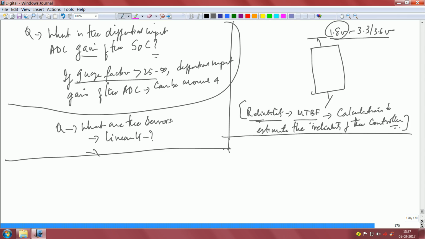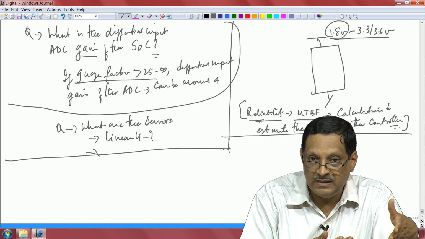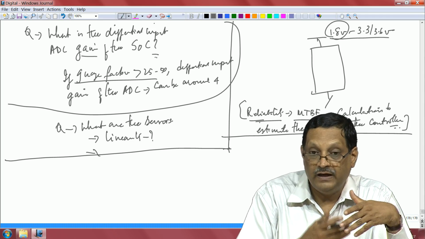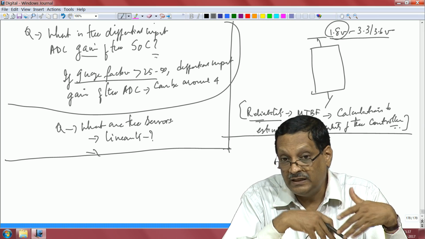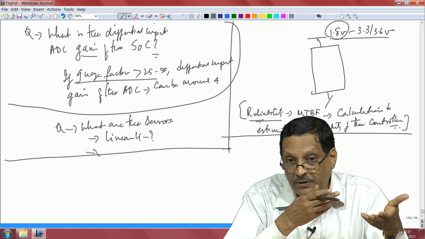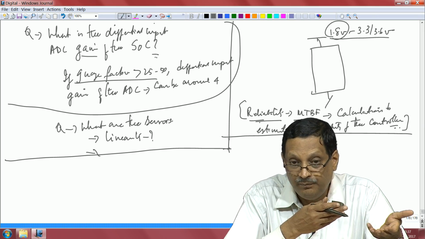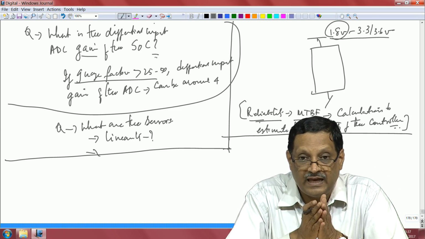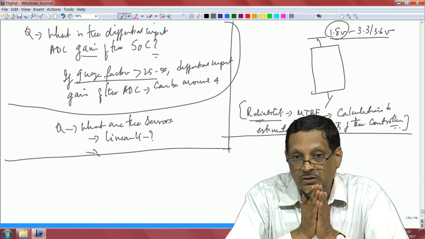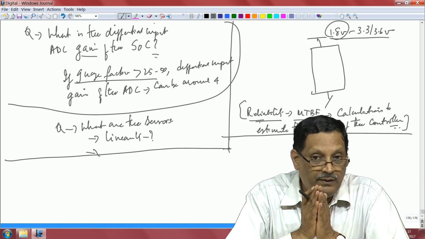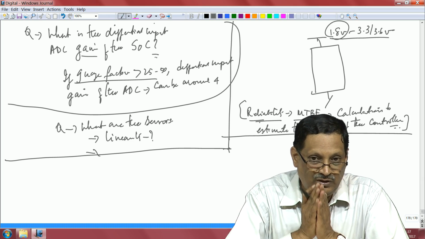So choice of microcontroller means what? See the parameters that seem to pan out. One is the voltage range, you are talking about reliability, you are talking about ADC points, we are talking about instruction set architecture, which in turn relates to the on chip resources like memory, right. All of this comes like a capsule of requirements that you will have to satisfy in order to choose a microcontroller, okay.